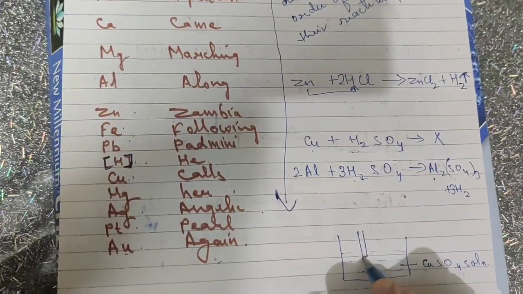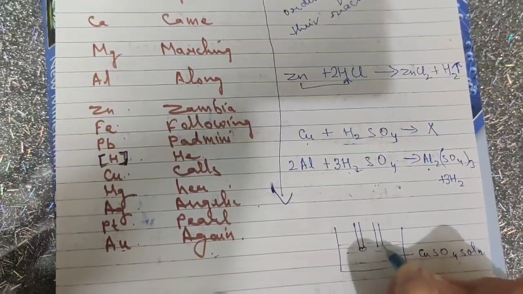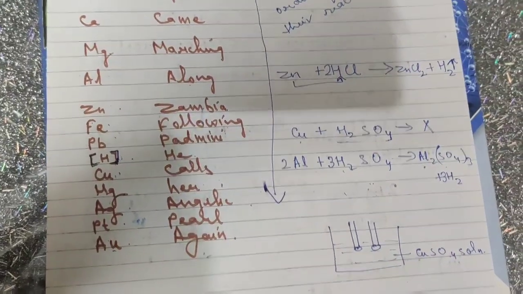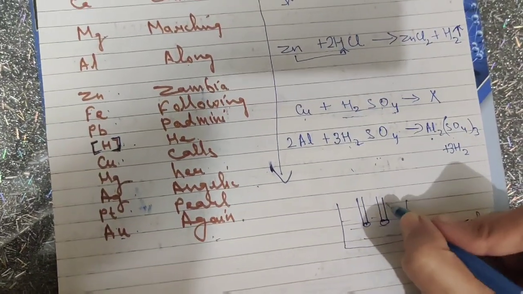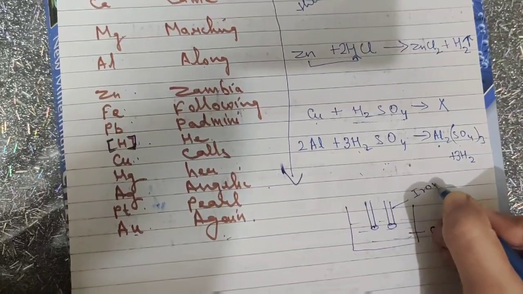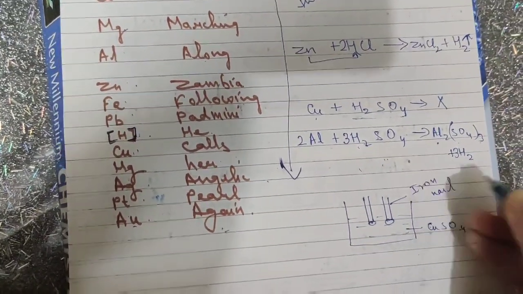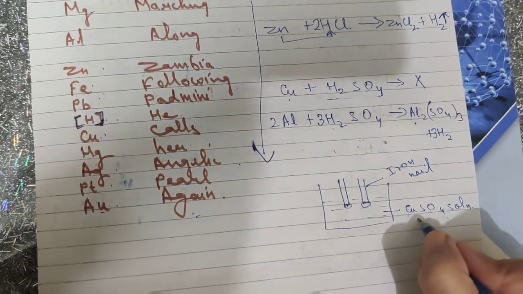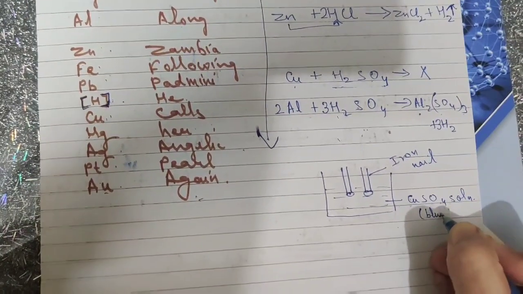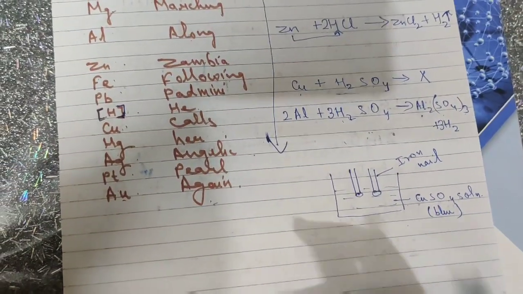Nothing. But if you dip an iron nail in it, this is the iron nail. This is an example from your NCERT book. Copper sulfate solution is blue in color. Please do remember this.